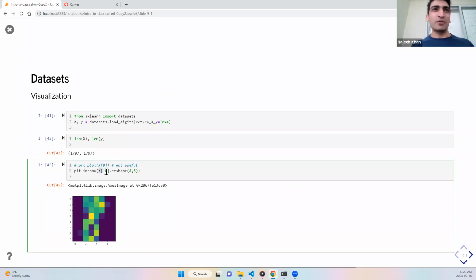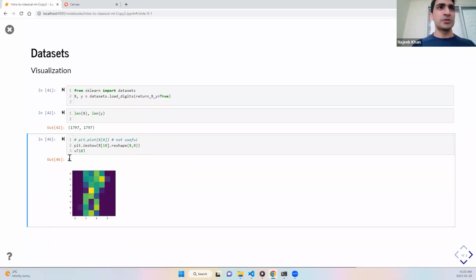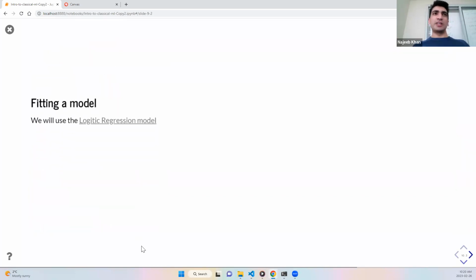But we can, of course, look at the label of this example. So what is the 18th label? It's an 8. So in the data set, it says it's an 8. Okay, cool. So that's just some visualization of the data set that we are going to work with.